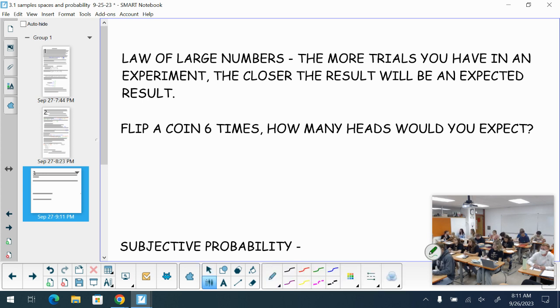If we flip a coin 6 times, what would you expect for the number of heads and number of tails? I'm flipping it 6 times. What would you expect?